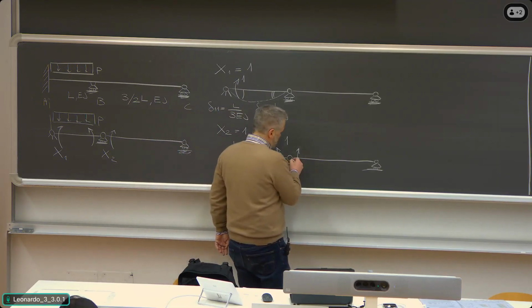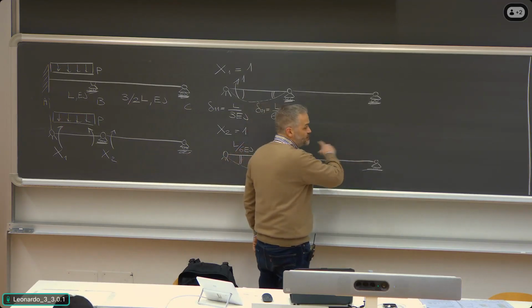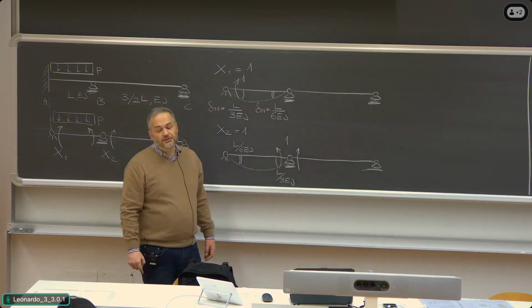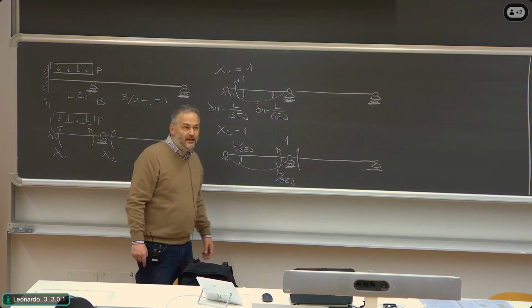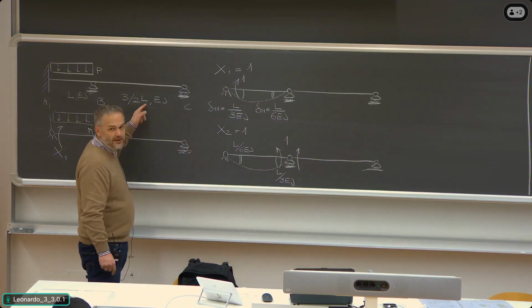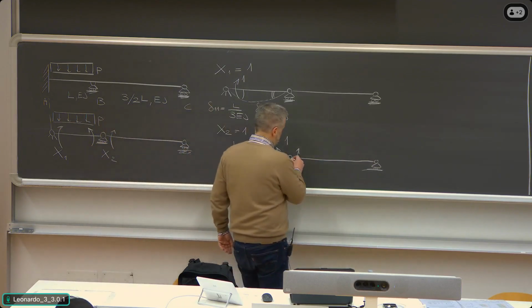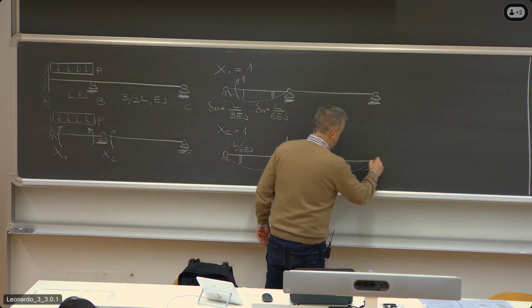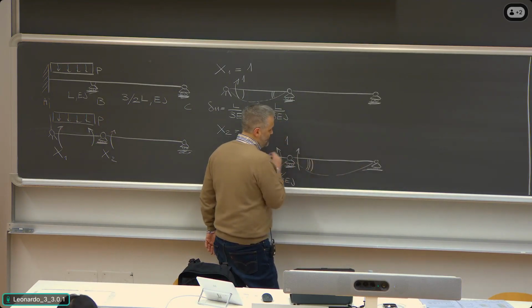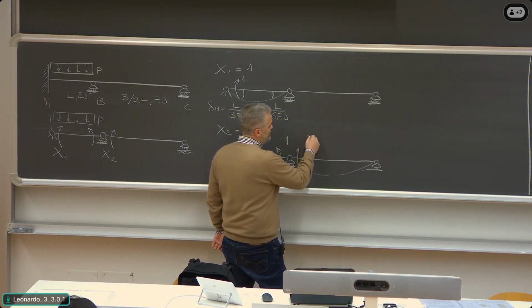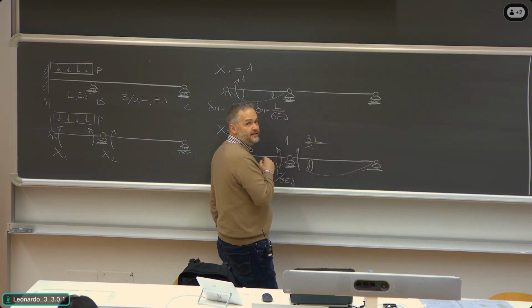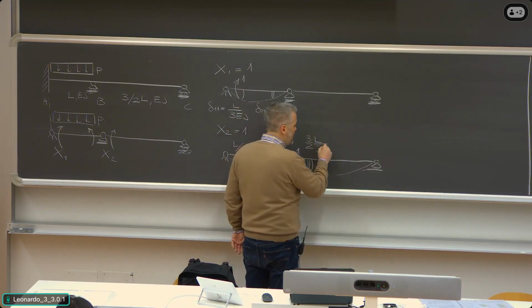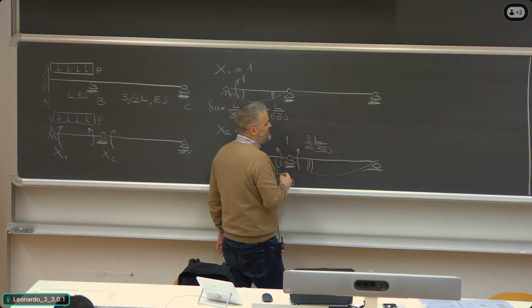And then we have the second span, which is again a simply supported beam. The only difference with the standard case that you have provided among the coefficients is that the length is not L, it is 3 divided by 2 L. So here we have 3 small arches, and the coefficient is 3 divided by 2L divided by 3EJ, because the bending stiffness is still EJ.